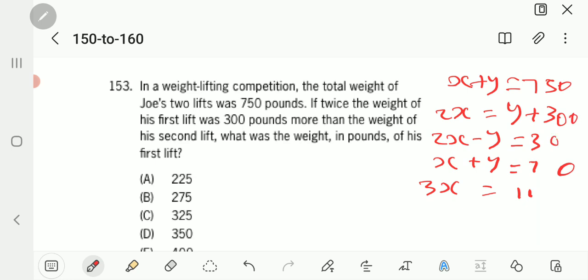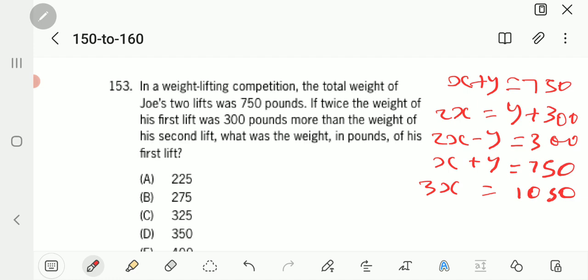Okay, this is still 750. So 300 plus 750 is 1050. Yes, 1050. 1050 divided by 3. What is 1050 divided by 3?